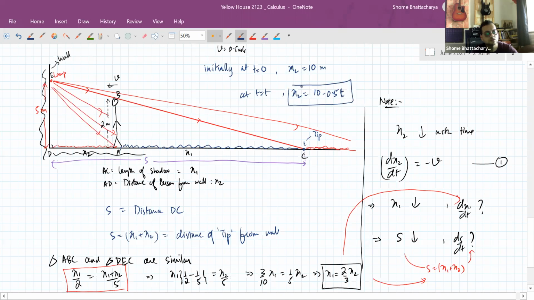So we can use this also. From that we can find out x1, and from that we can find out how x1 is changing with respect to time. Or we can directly use the ratio of x1 and x2 and use that to find out. Okay, so just quickly work this out numerically. I'll confirm the answers for you.